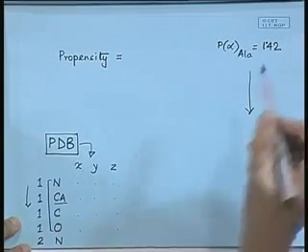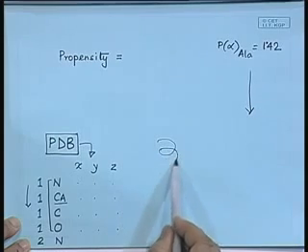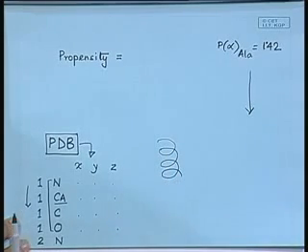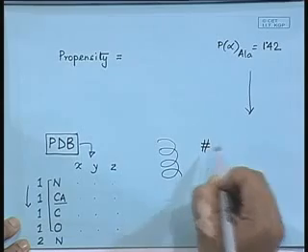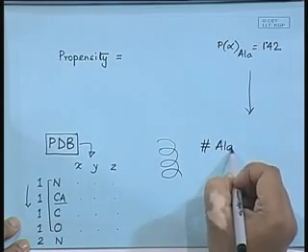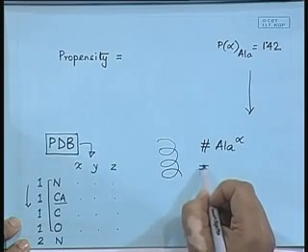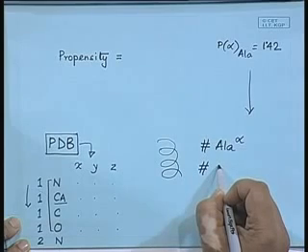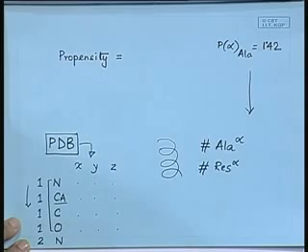What is that analysis? What you do is, say you look at all the helices that are there in the proteins, right? And you count the number of alanine that are there in the alpha helix. You count the number of residues in the alpha helix, all the residues that are there in alpha helix only.